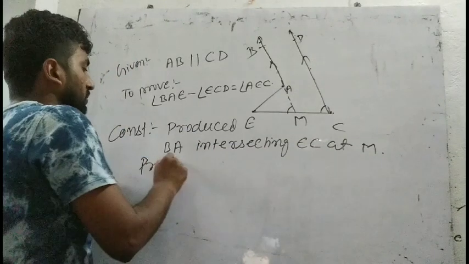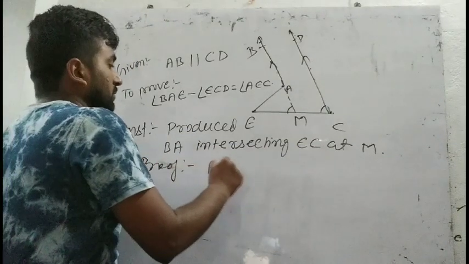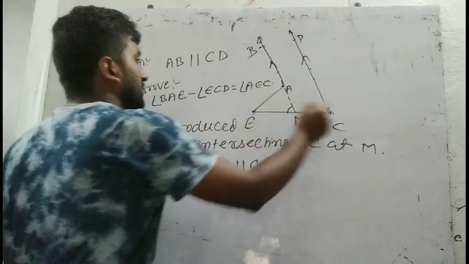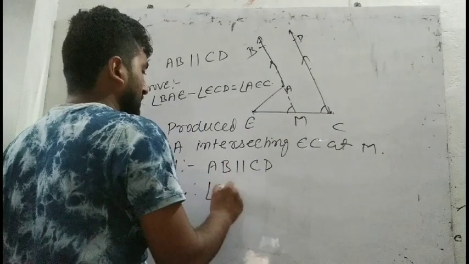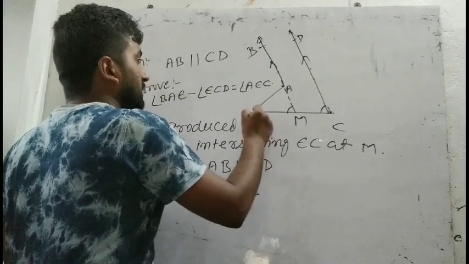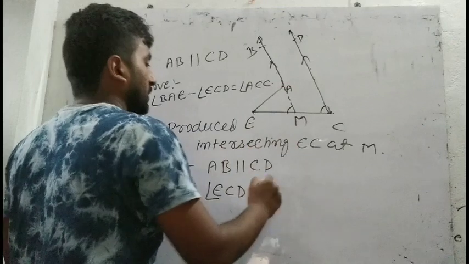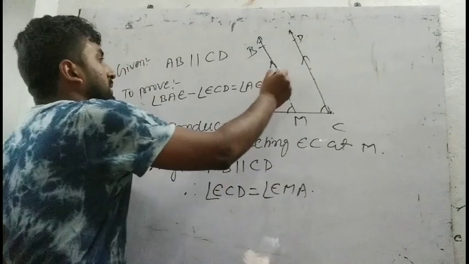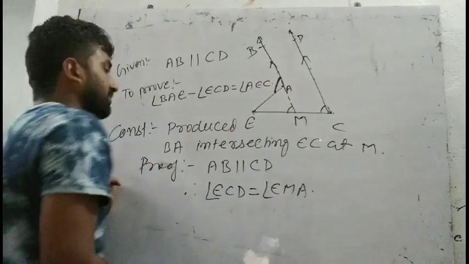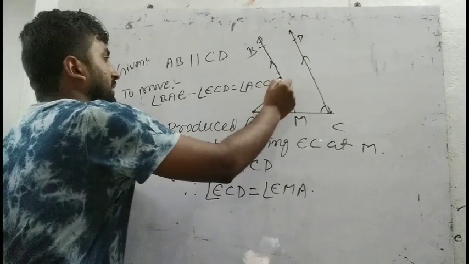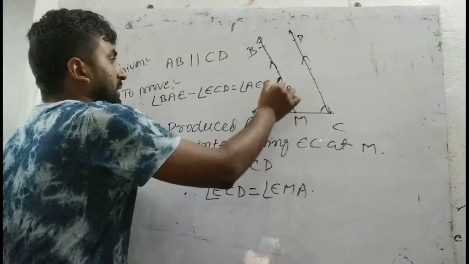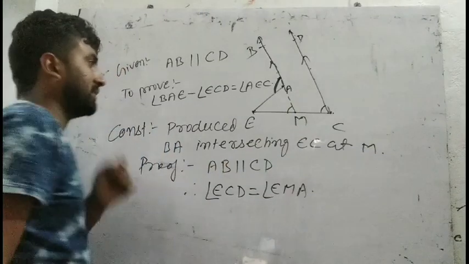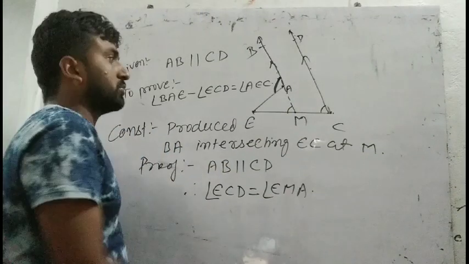So proof: AB is parallel to CD, so angle ECD is equal to angle EMA. Okay. And now this angle is the exterior angle of triangle AEM, and the exterior angle of a triangle is equal to the sum of the interior opposite angles.